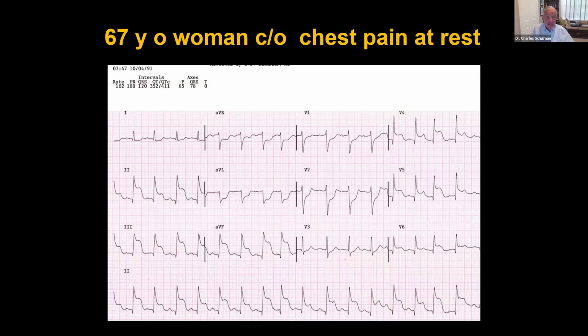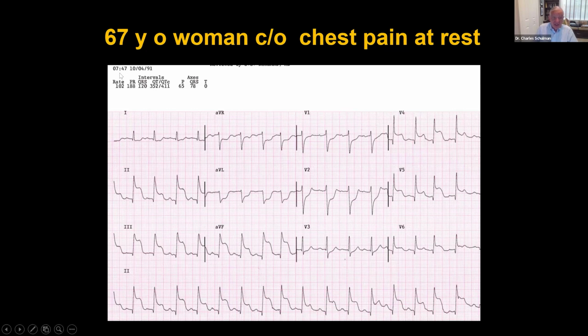Here's a 67-year-old woman who complained of chest pain at rest. This is an unusual situation that was given to me by Elio Fine, who ran the EKG lab at Beth Israel for 40 plus years. You notice the date on here.